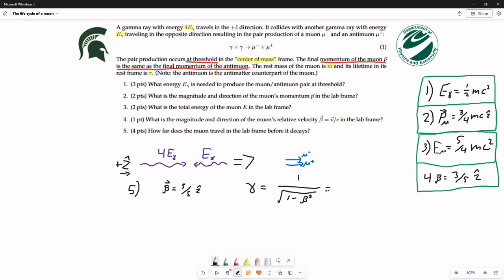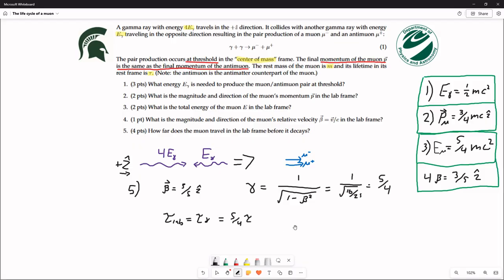And this is going to give us 1 over the square root of 16 over 25, which is going to be equal to 5/4. We also have that the time in the lab frame is going to be time dilated by gamma, so it's just going to be tau times gamma, where tau is the lifetime of the muon, and this is going to be equal to 5/4 tau.